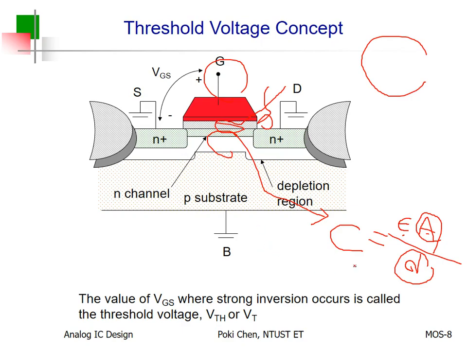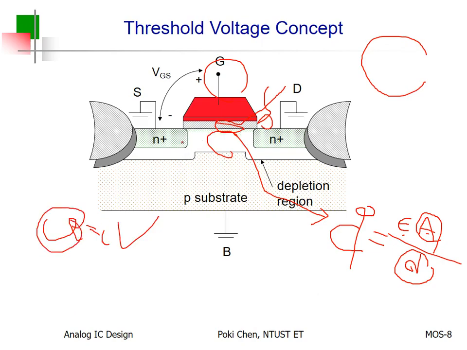Because we would like to increase it, right? Why? Again, Q equals CV. From the beginning, you need to kill all the holes here. After fabrication, how many charges you have?